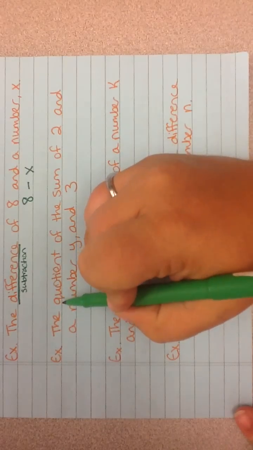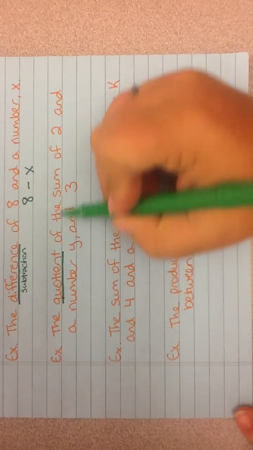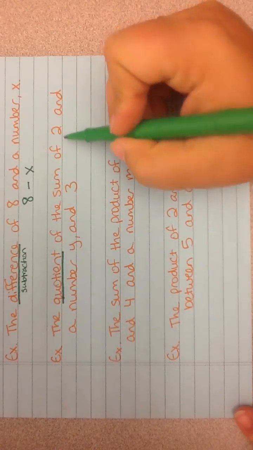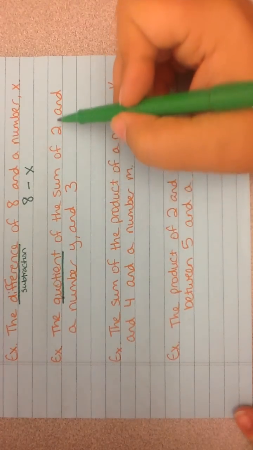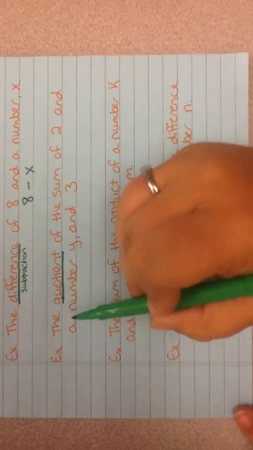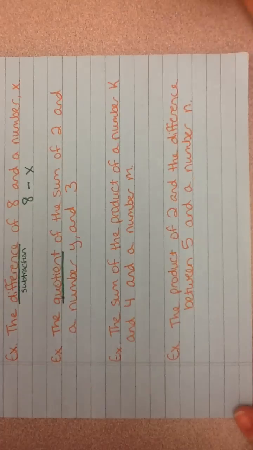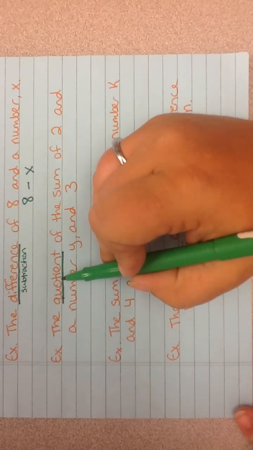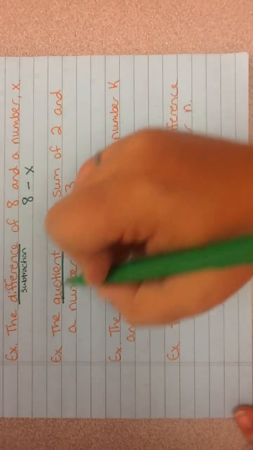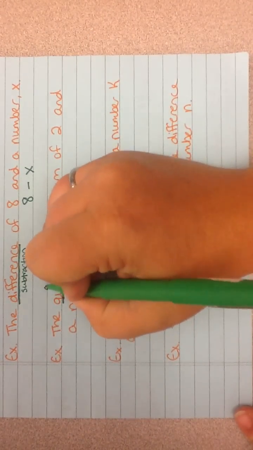The quotient of the sum of 2 and a number y and 3. Oh gosh, this has a lot going on. Okay, so quotient, that means the big thing we've got going on is that we need to divide.